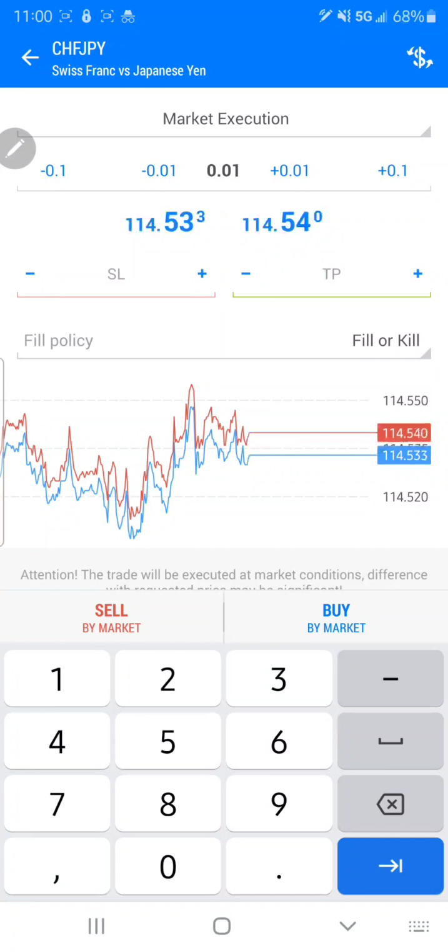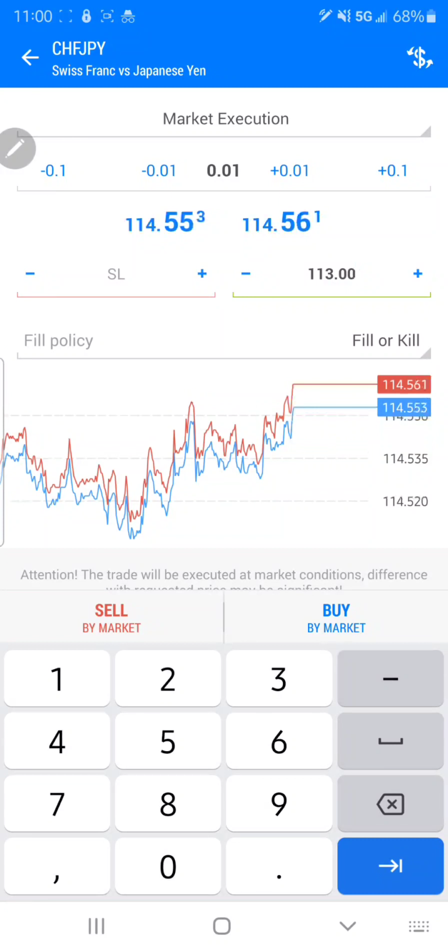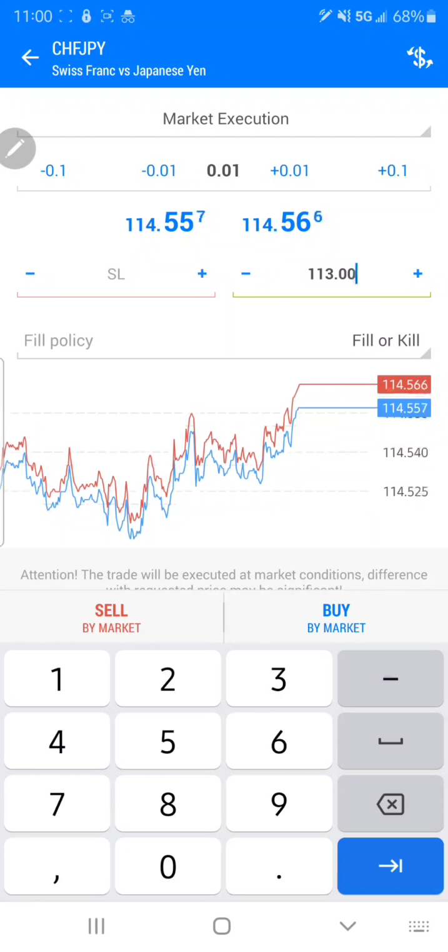I'm just going to make up a number because, like I said, I'm not really paying attention to the actual market itself, just wanting to show you what it looks like to put a trade in, and this is my demo. So I'm going to put in price at 113 even. That's below that number there.